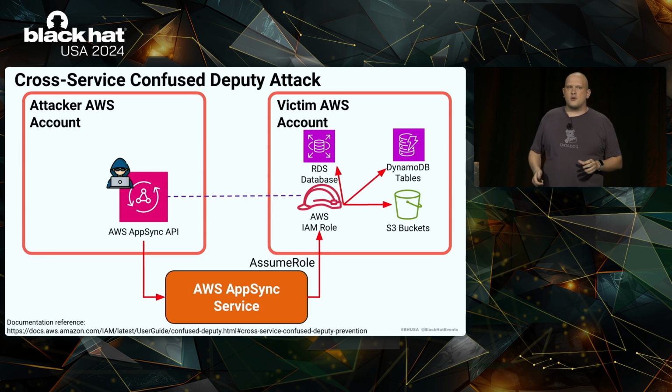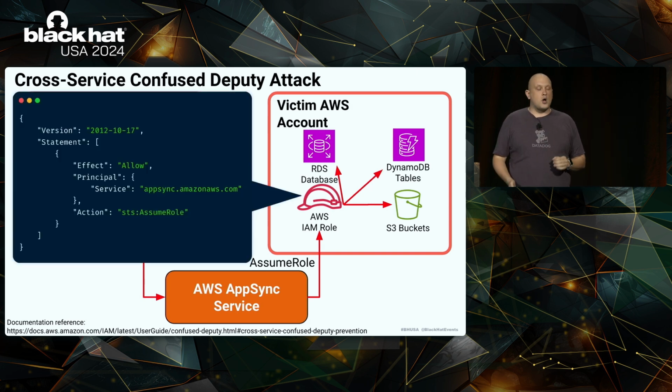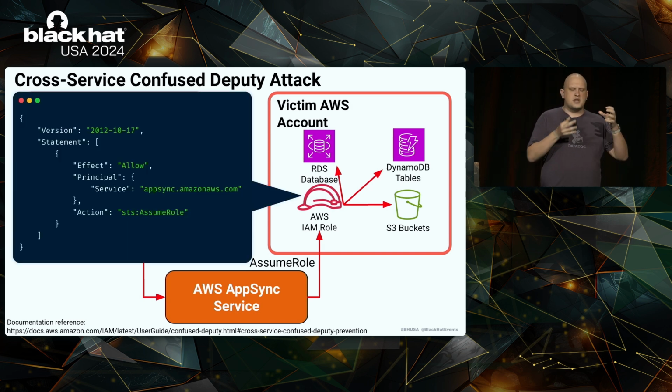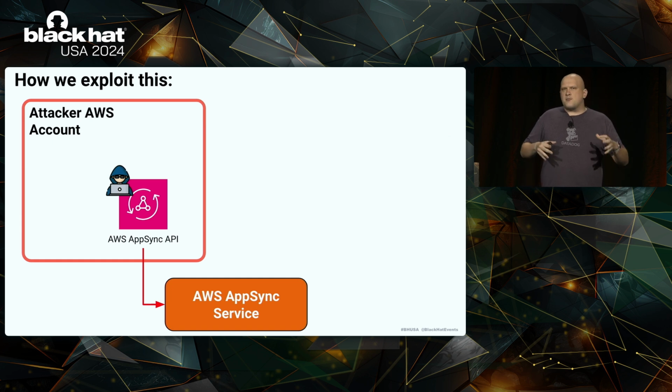It's important to note, the thing that enabled this attack, the thing that made this all possible, was that pre-existing trust between that IAM role and the AppSync service. Because the role trusted the service, and because we weaponized the service against it, we now had an avenue to assume these roles. For a practical example of how we would exploit this step by step, we would first create an AppSync API from our own attacker-controlled account.